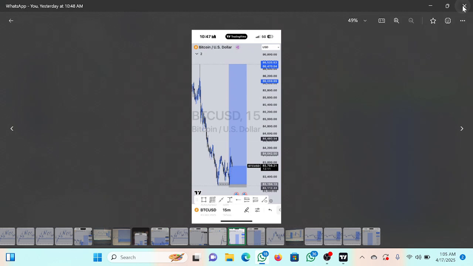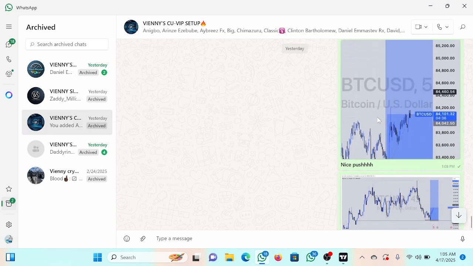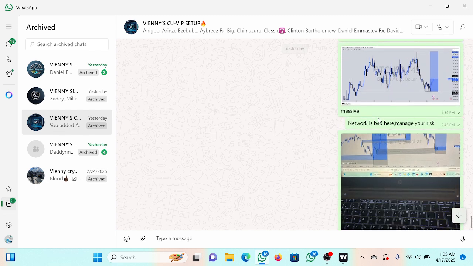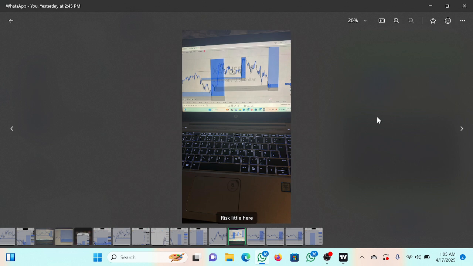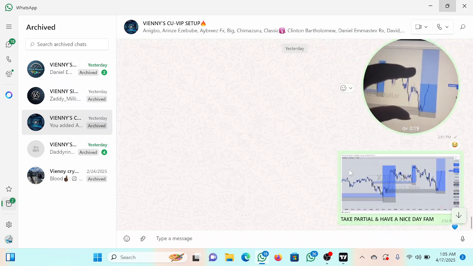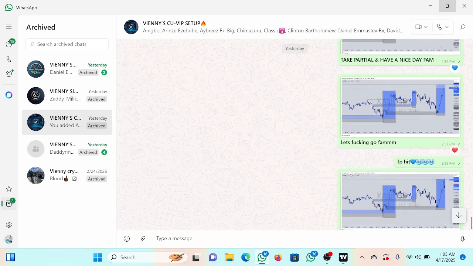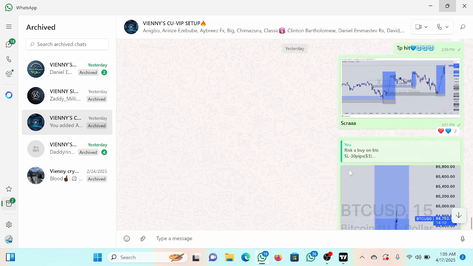This is the push up. This is when I got in on the buy, and we made series of profit from the buy. This was the nice push up, and we finally hit TP.